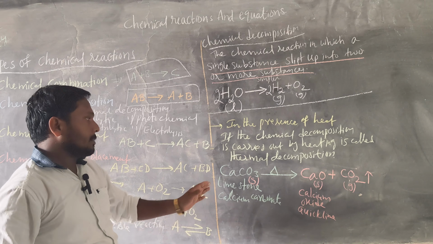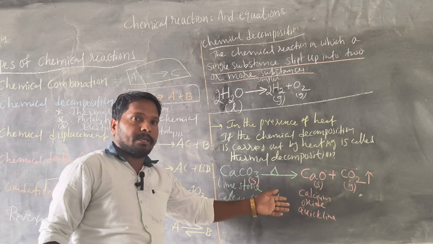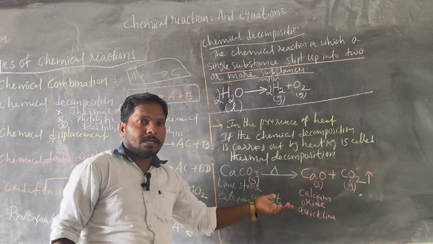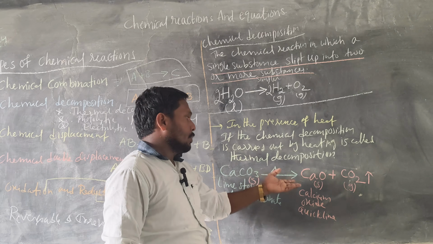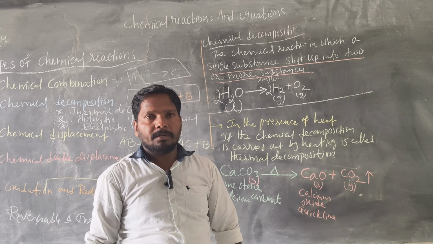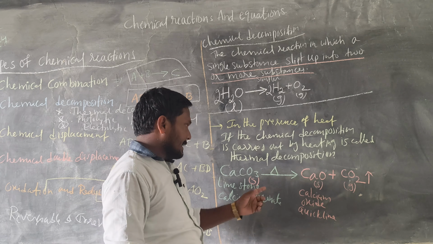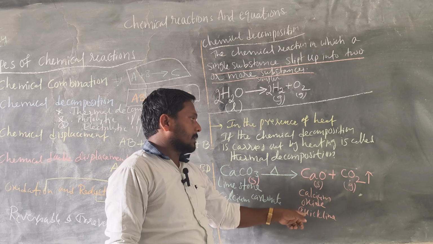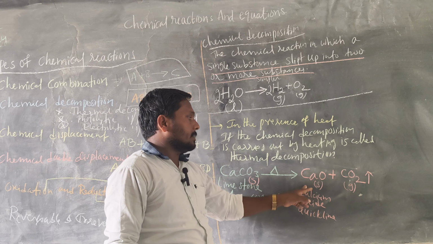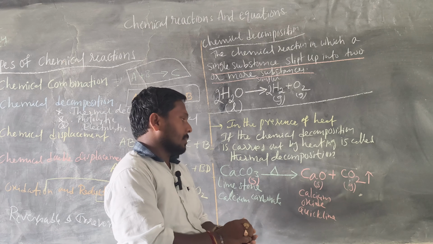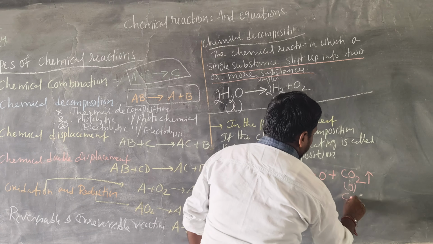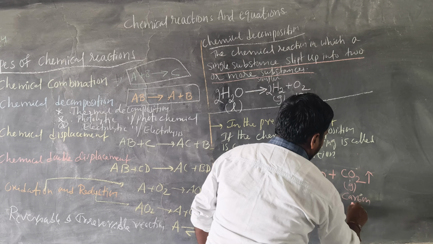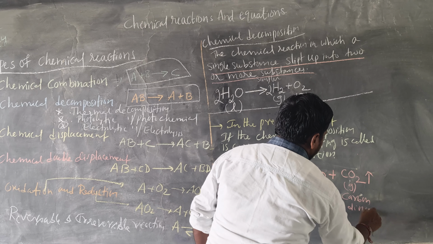So calcium carbonate dissociates, or splits up, into two substances: calcium oxide and carbon dioxide.